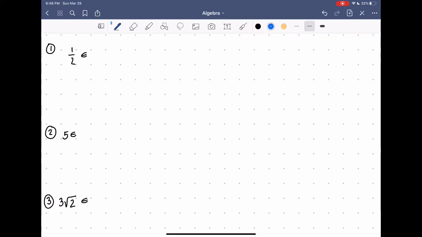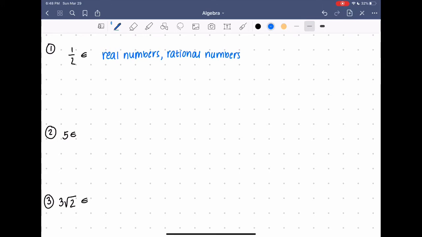First off, always write that it's a subset of real numbers because any number is a real number. So it belongs to that subset. 1/2 also belongs to the subset of rational numbers, because remember, rational numbers include all of the fractions. So those are all the sets that it belongs to.